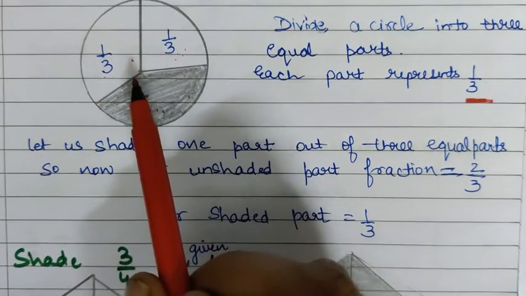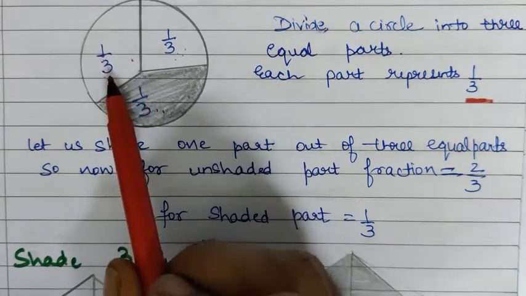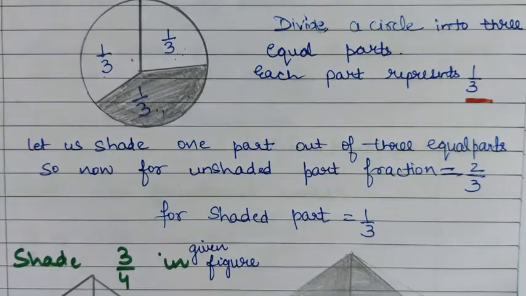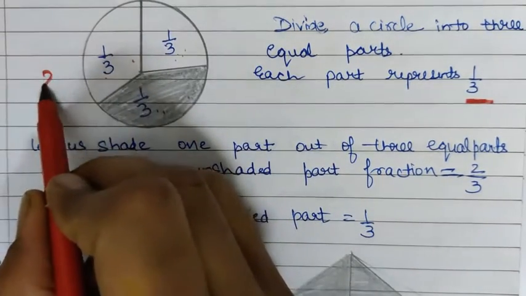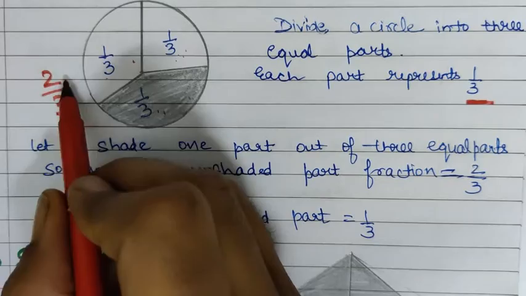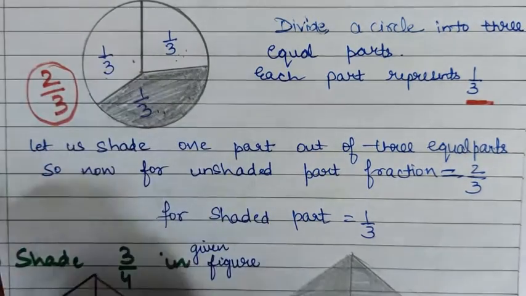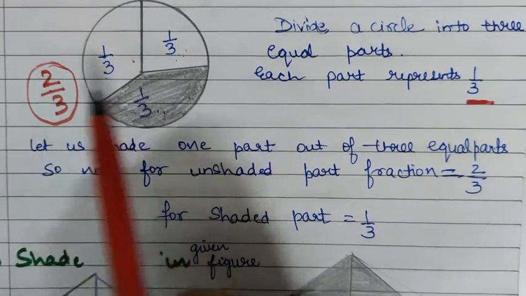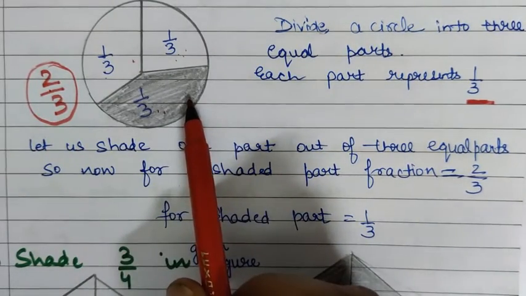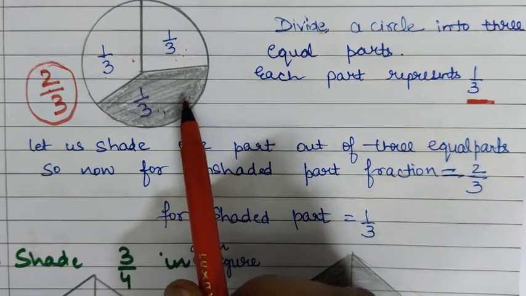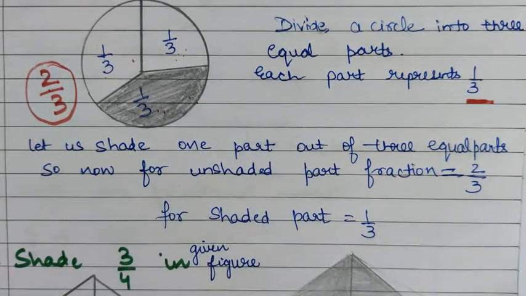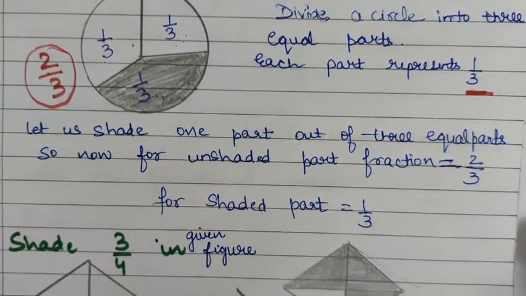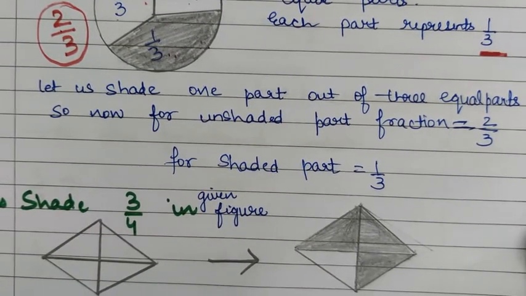There are 2 parts. It means if we have to write the fraction for unshaded part, that will be 2 by 3 because there are two unshaded parts. And if I have to write the fraction for shaded part, that will be 1 by 3. Clear?